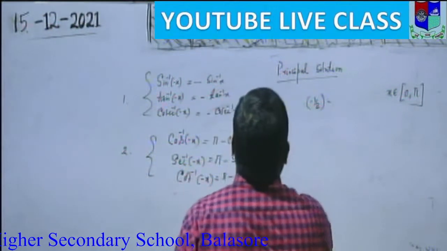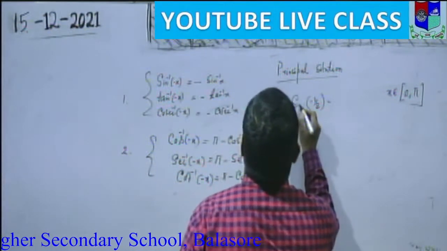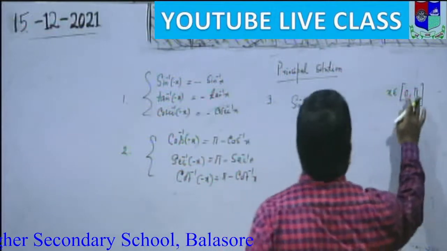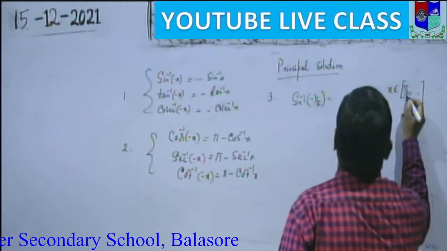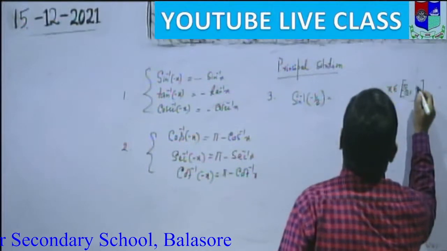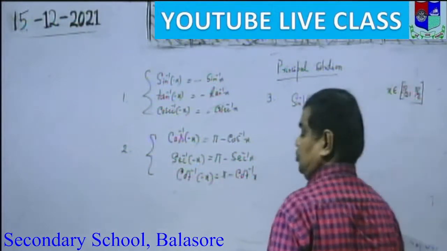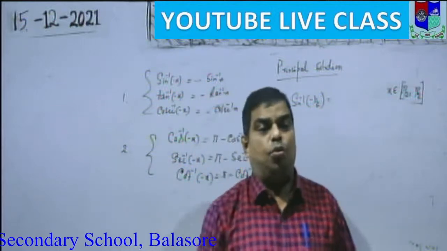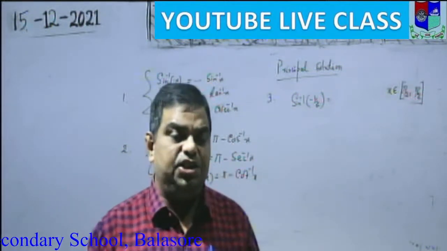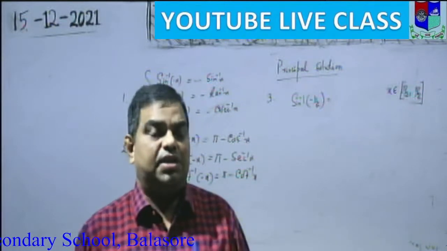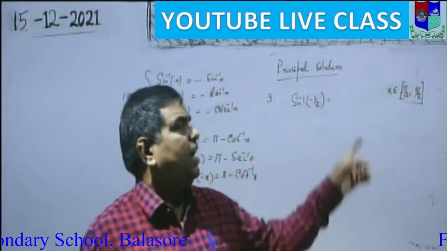Your question number 3, sin inverse minus 1 by 2. We know for sine your principal domain is minus pi by 2 to plus pi by 2. It is a closed interval, since sine 0 is 0, sine 90 is 1 and sine minus 90 is minus 1.